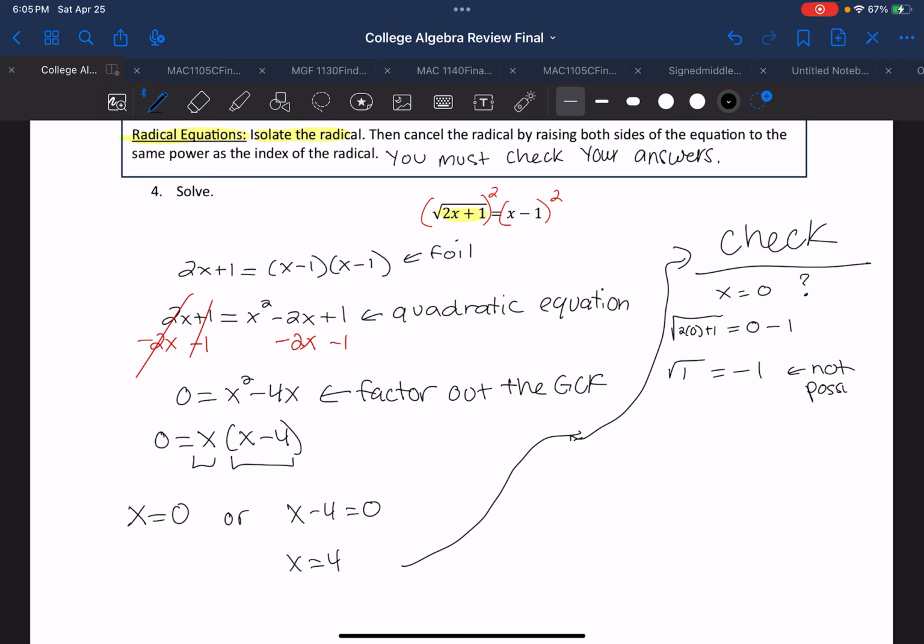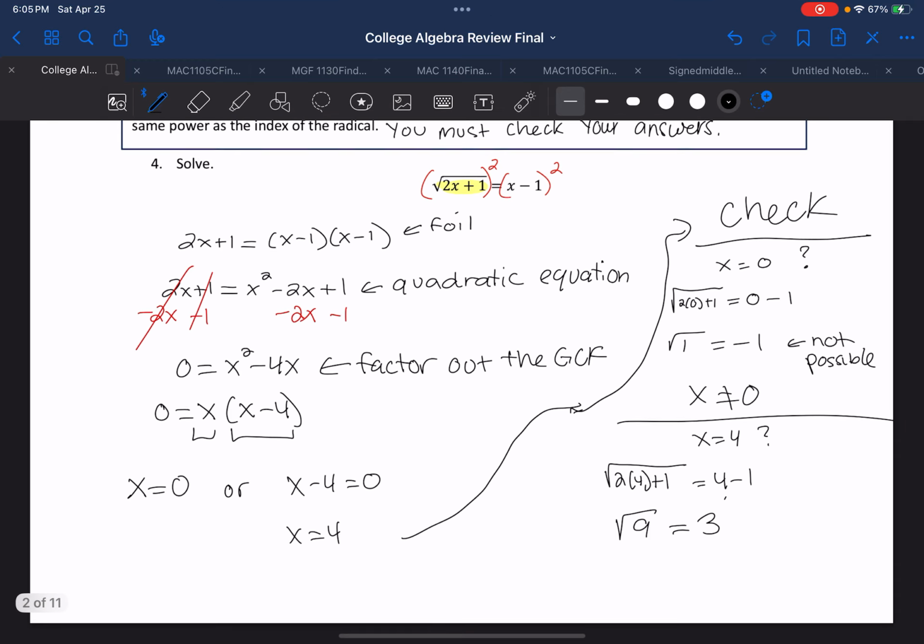So just be careful. The square root cannot equal a negative number either. So it can't be negative underneath, and it can't equal a negative when we're solving these equations. So therefore, x cannot equal 0. Now we will check 4. So this would be 2 times 4 plus 1 under the square root equals 4 minus 1. 2 times 4 is 8, and 8 plus 1 is 9. 4 minus 1 is 3, and the square root of 9 is 3.